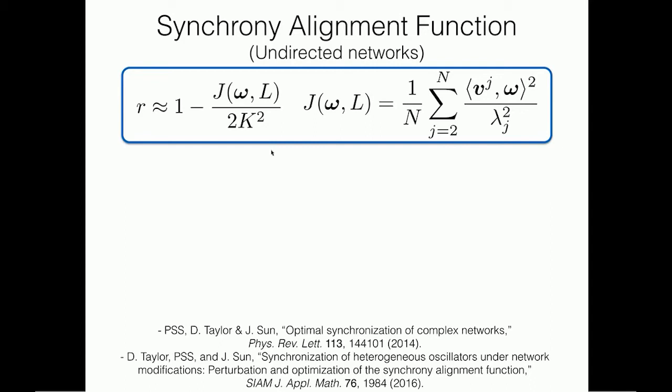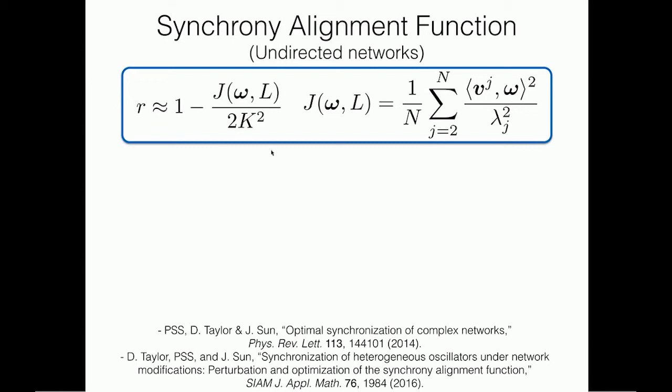Over here you really have this sum of projections of the natural frequency vector on the non-trivial eigenvectors, those projections squared and then scaled by the square of the corresponding eigenvalues.